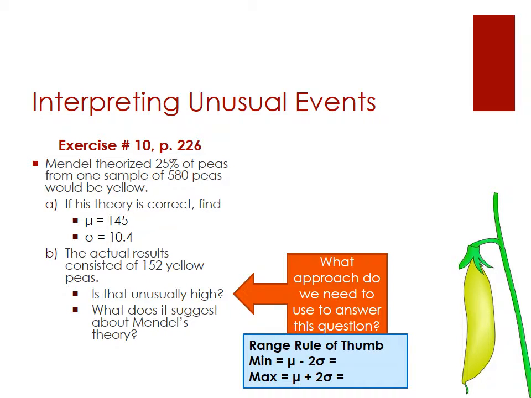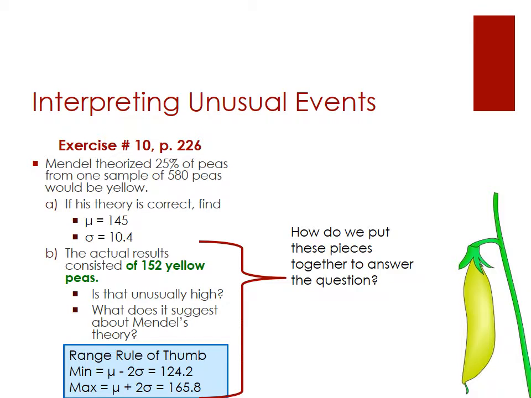Alright, you'll be using your formula of your mean minus 2 times the standard deviation for your minimum, and your maximum will be determined by mean plus 2 times the standard deviation. So you'll be getting 124.2 as your usual minimum amount and 165.8 as your usual maximum amount.